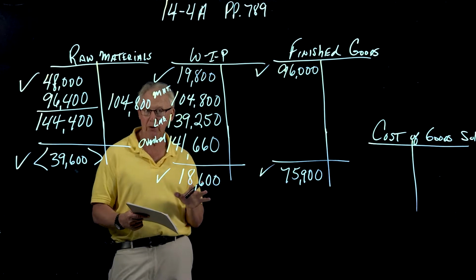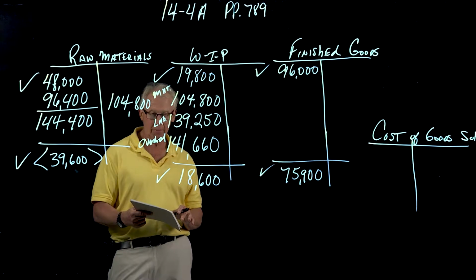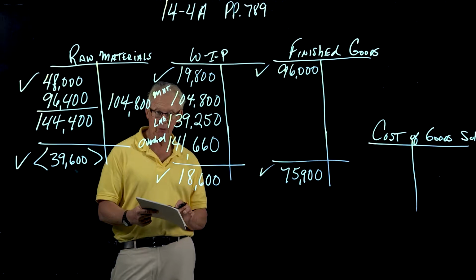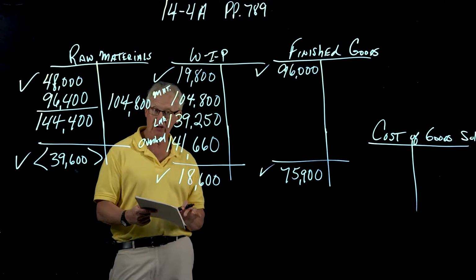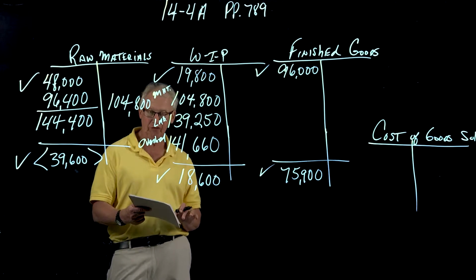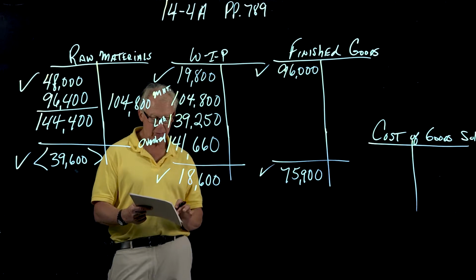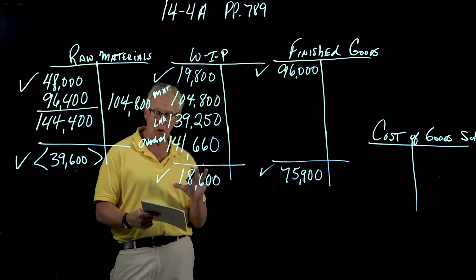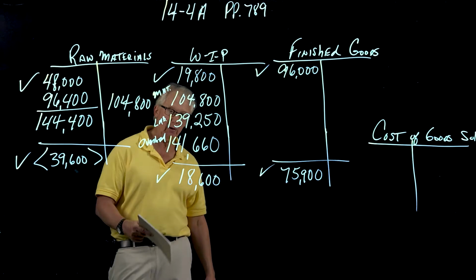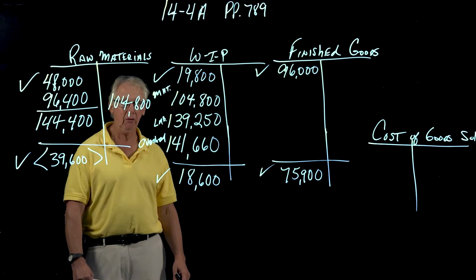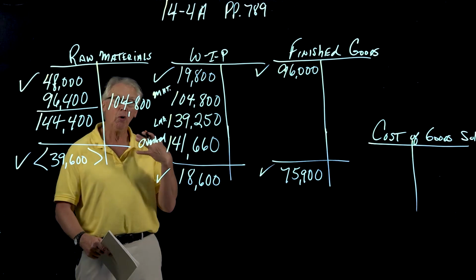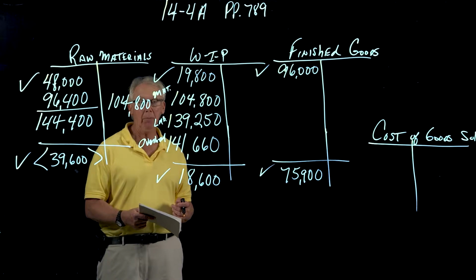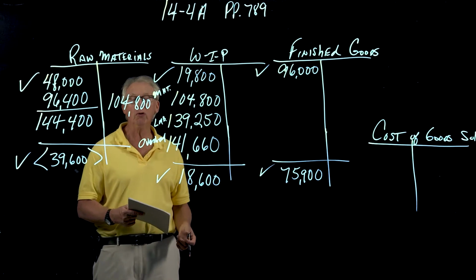Okay, now just going through it again: indirect labor, factory insurance, factory machinery depreciation, factory utilities, plant manager's salary, factory property taxes, and factory repairs. If you add all those costs up, you should get $141,660.